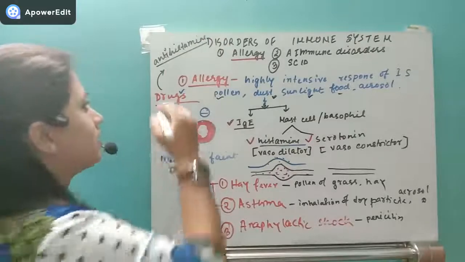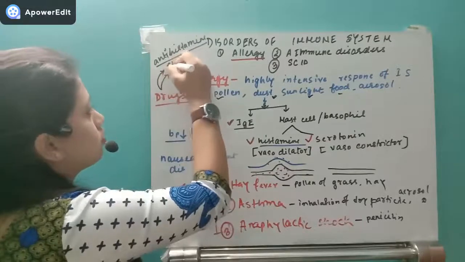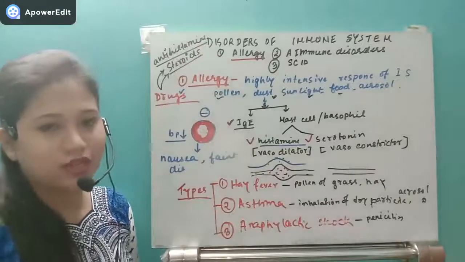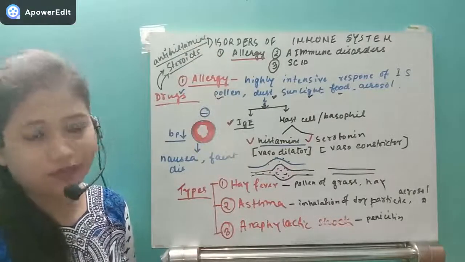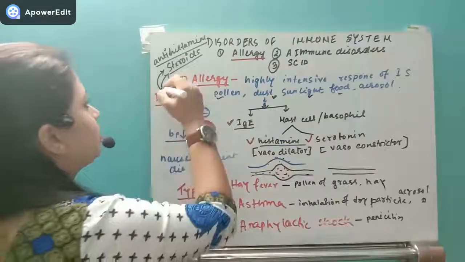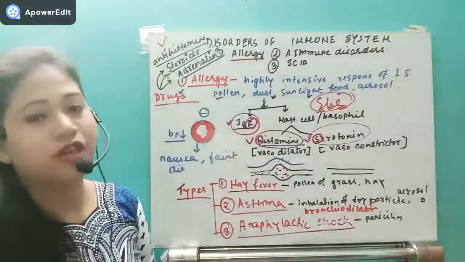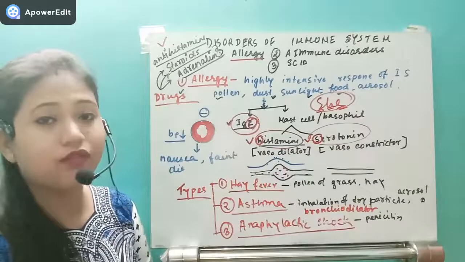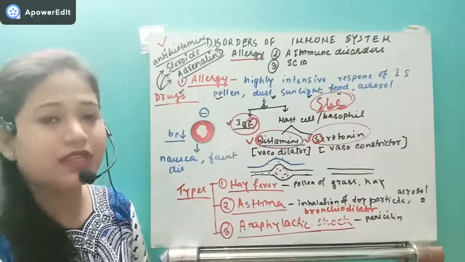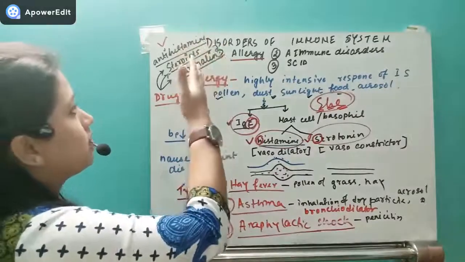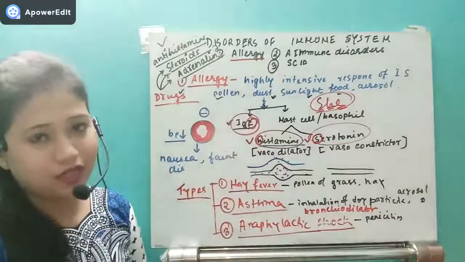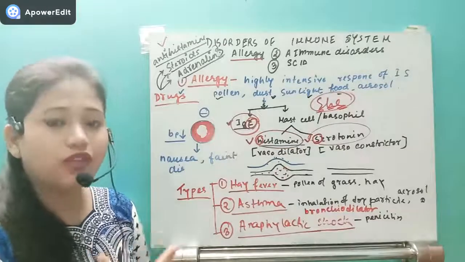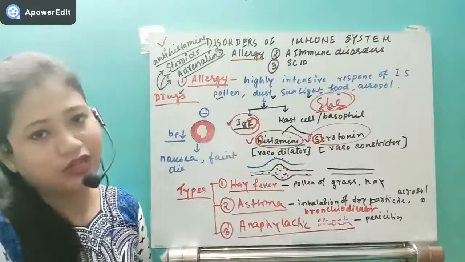Second, he can also take steroids, and with steroids also, to a certain extent, one can have relief from allergy, right? And the third type is adrenaline. So it can be antihistamine, steroid, or adrenaline. These three types of drugs can, to a little extent, decrease the allergic reaction.